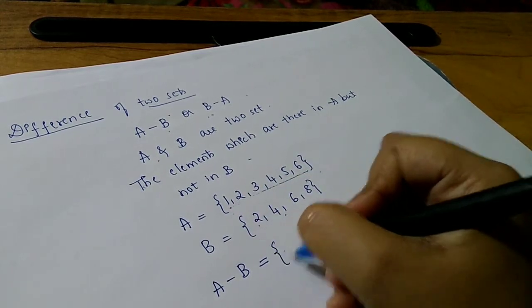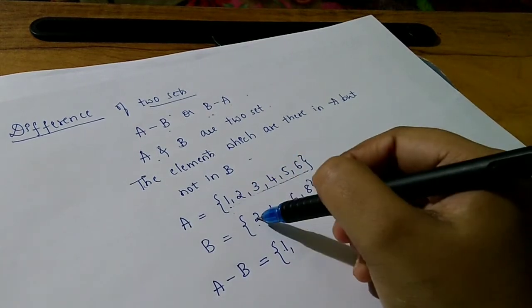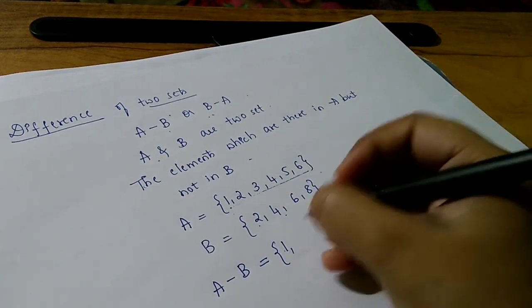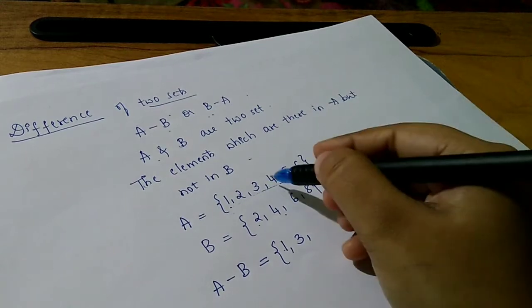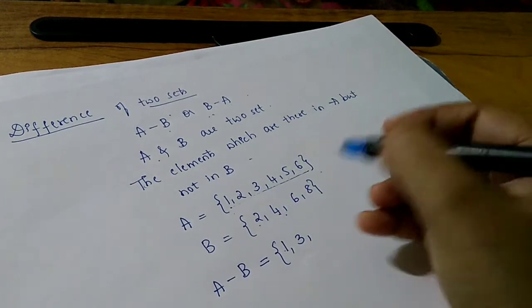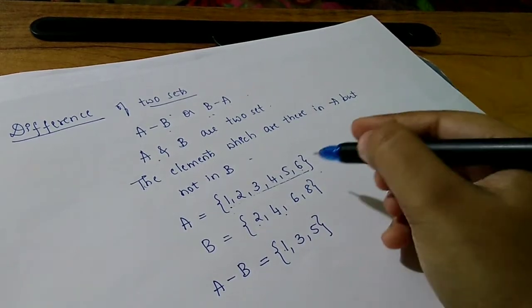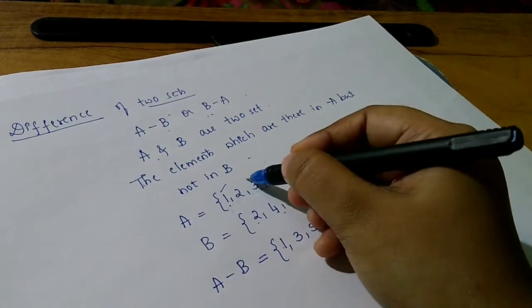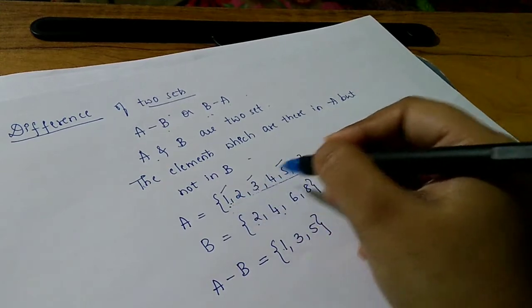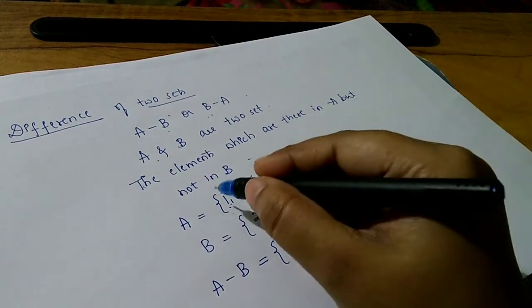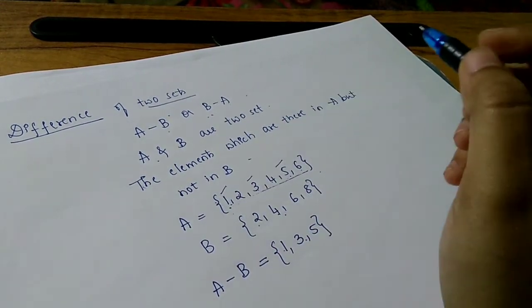No. Therefore, you have to write it here. 2, yes, it is present in both. 3, no, it is present only in A. 4, it is present in both. 5, yes. 6, it is present. So A minus B will be equal to {1, 3, 5}, because 1, 3, 5 are the elements which are present in A but not in B.